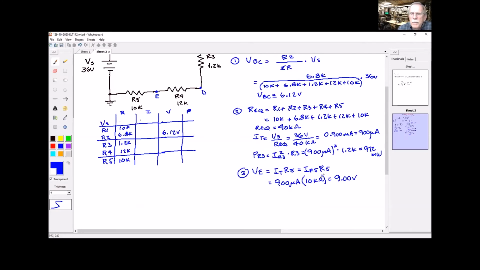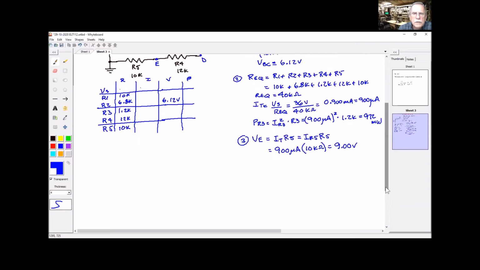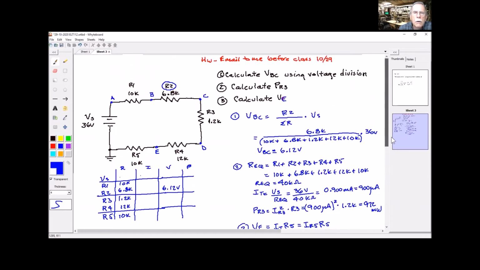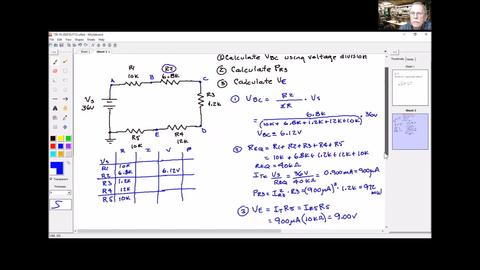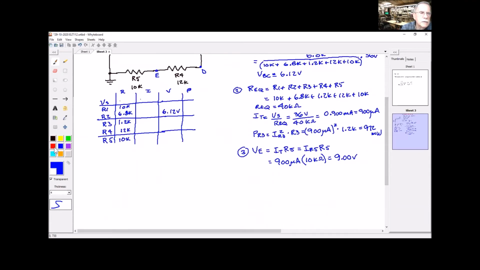We talked a little bit about double subscript notation, and while we're in this problem, let's do one more calculation. Let's calculate VAB, and that's going to be, well, let's call it I sub R1 times R1, which is the same as IT times R1.